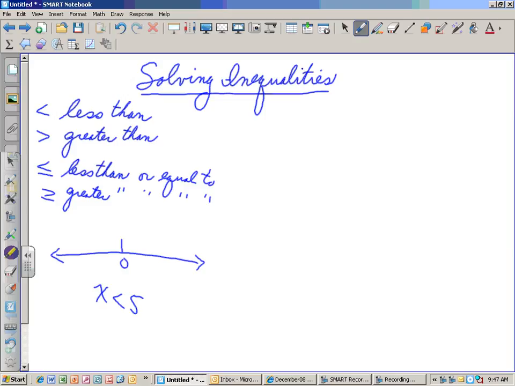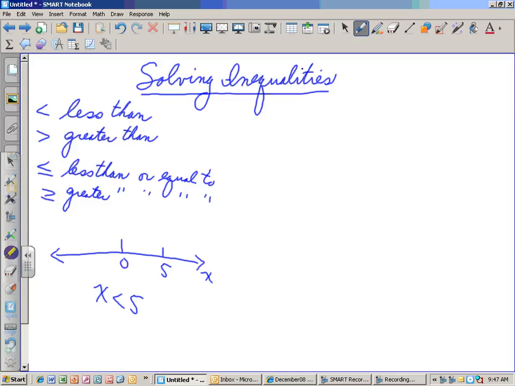And this is how we're going to show it. We do not have to make all the little marks up to 5. 5 is about at that spot right there. I want all x values, because this is your x number line, I want all values less than 5. Can it equal 5?